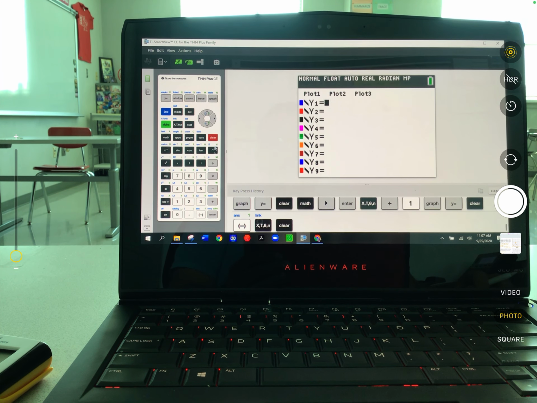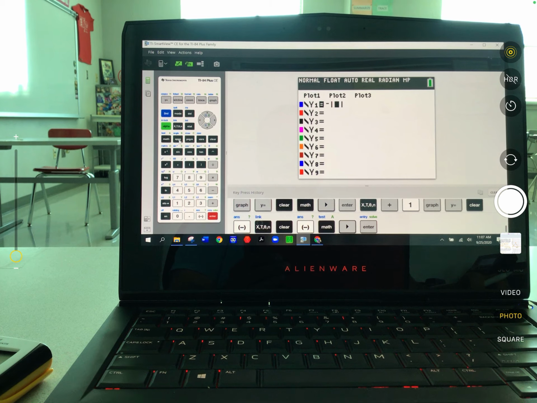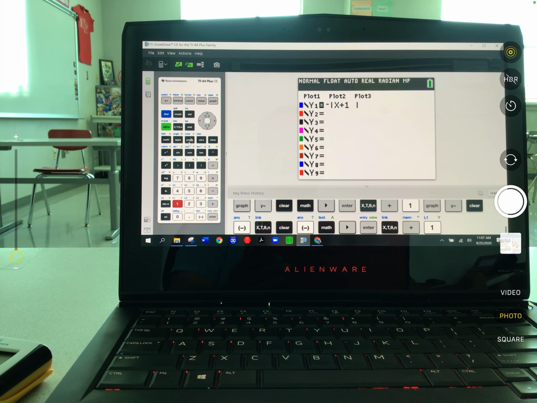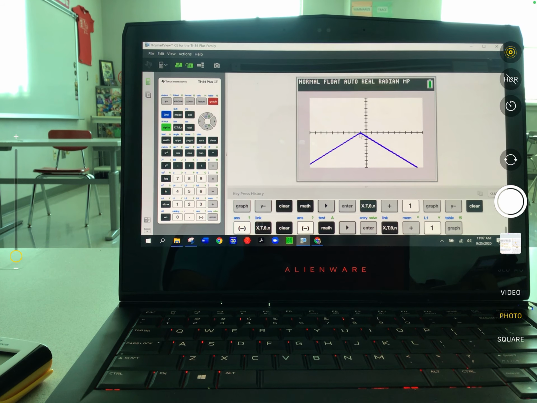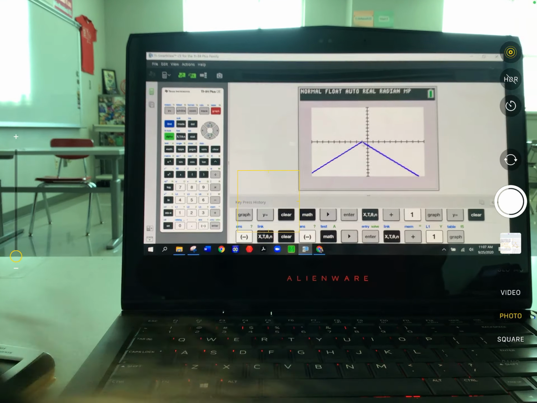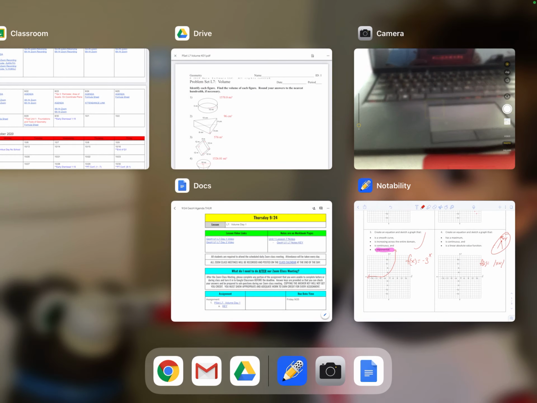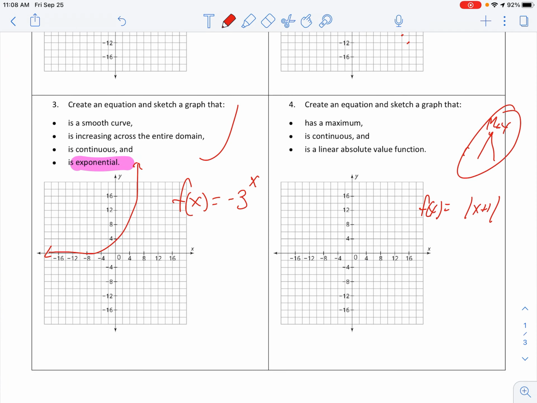That's going to make it open down, and that gives me a maximum. So that's what I want. Those negatives out front make both an absolute value and a quadratic give you maximums by opening down.